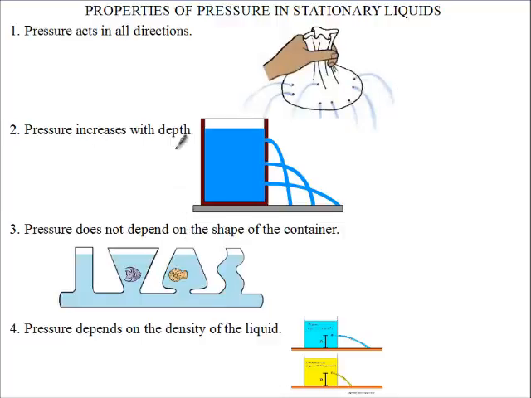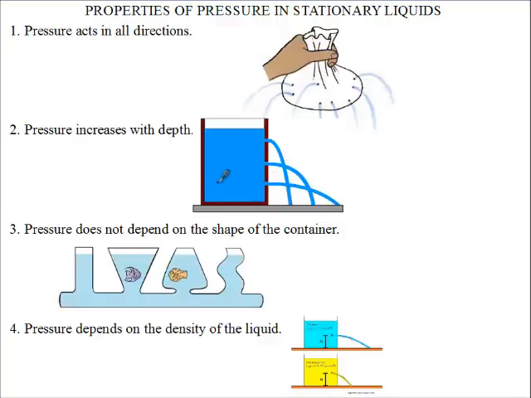Second, pressure increases with depth. Over here, up top, you see that the water, although it's coming out with a certain amount of force, is not as much as in the bottom hole. In the bottom hole, the water is being pushed further forward.